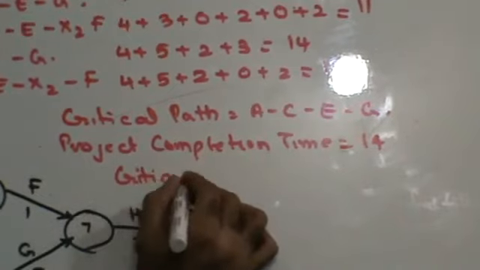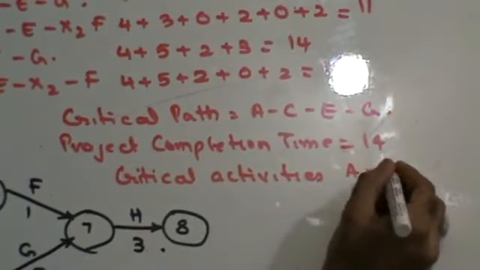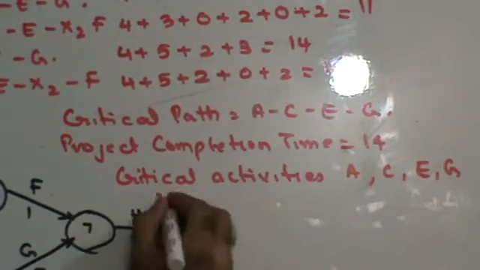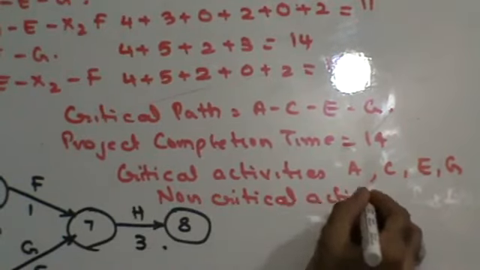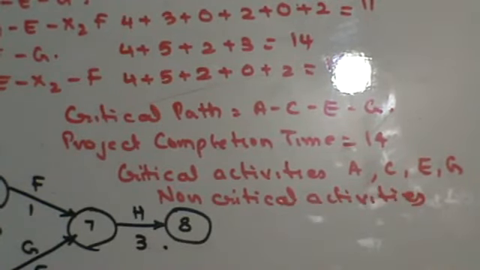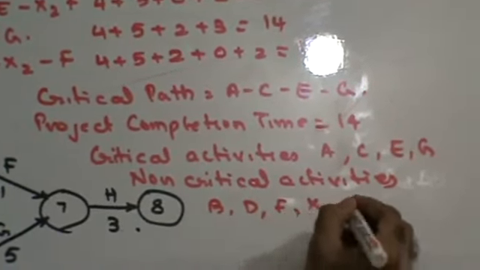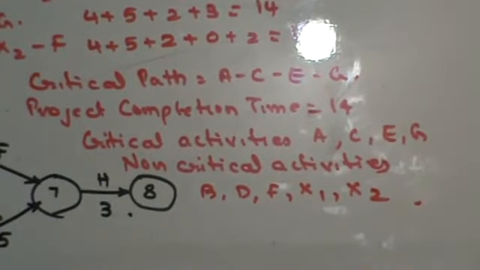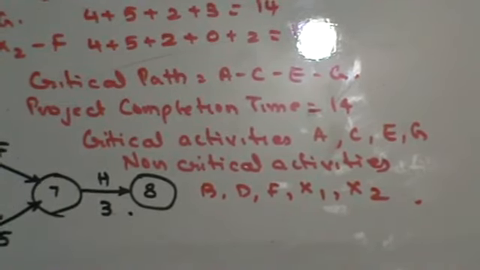Critical activities are A, C, E and G. Non-critical activities are going to be B, D, F, X1, X2. These are my non-critical activities, right? Because A, C, E, G are critical activities. So that will be your sum. So your project completion time is going to be 14 days.